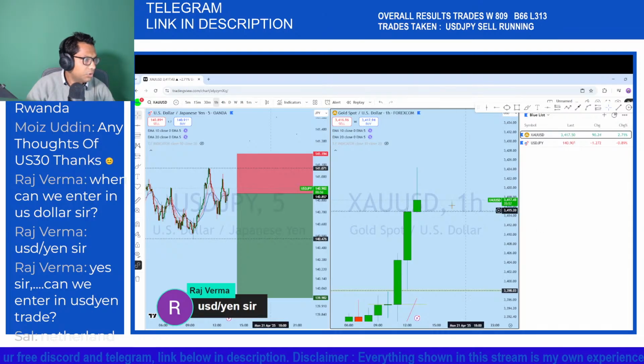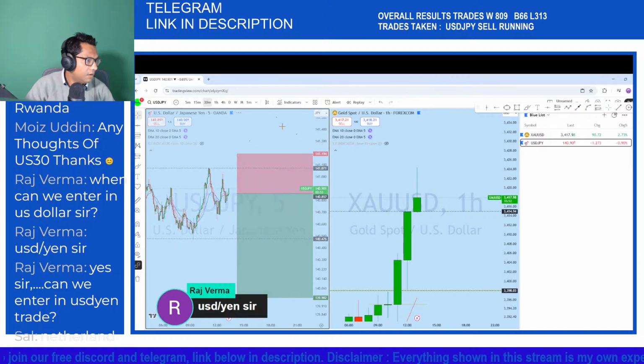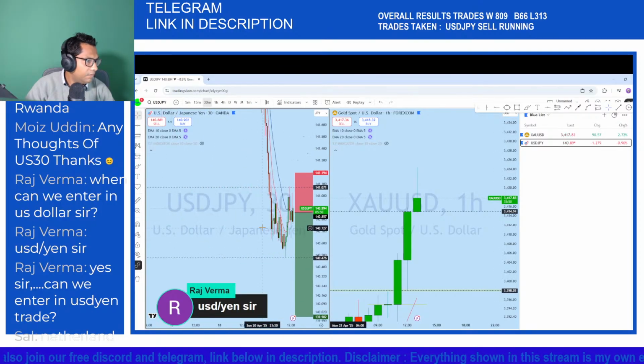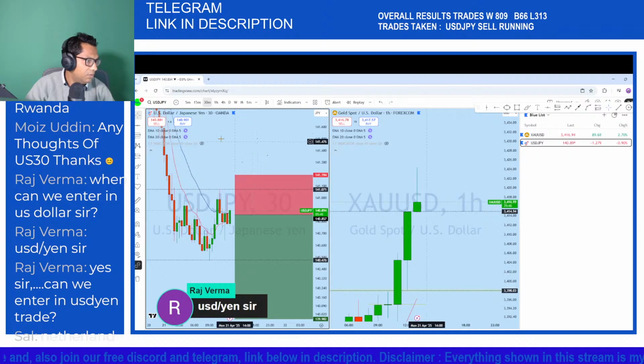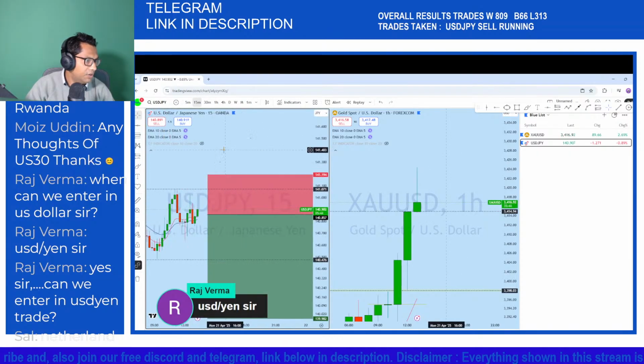dollar yen possibly to have some sideways movement, potentially to grab liquidity.